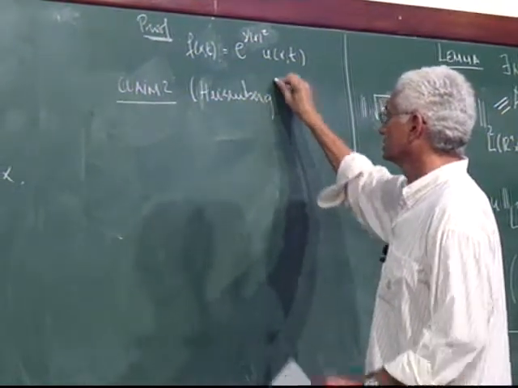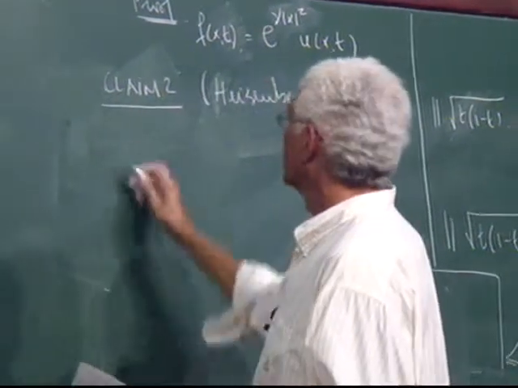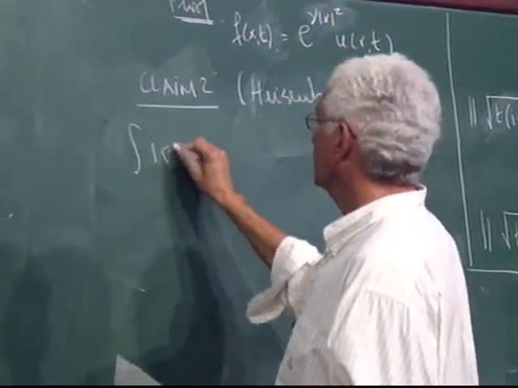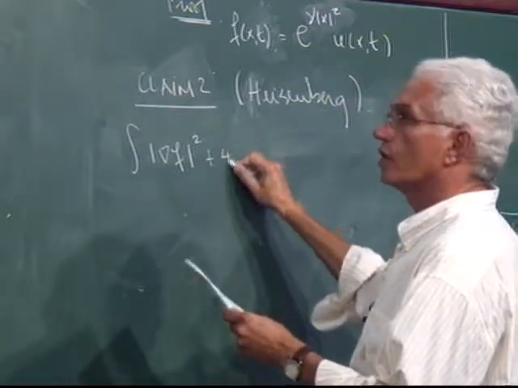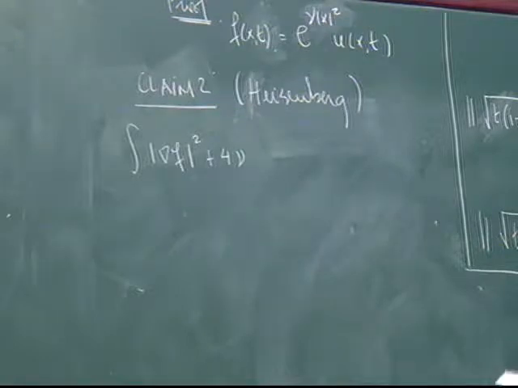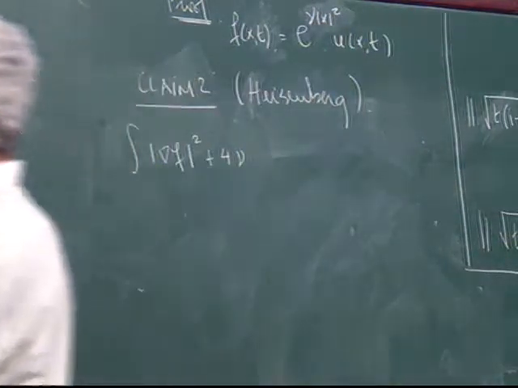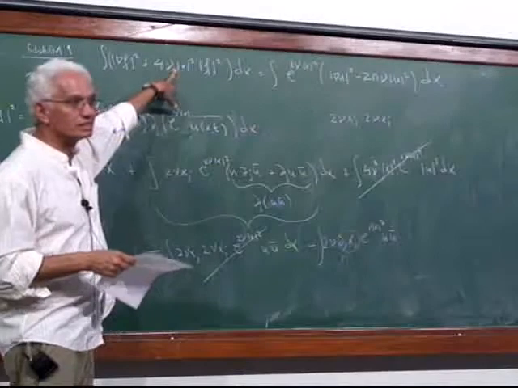Is this one, that the gradient of f squared plus 4 rho, okay. Do I need to put a square here?